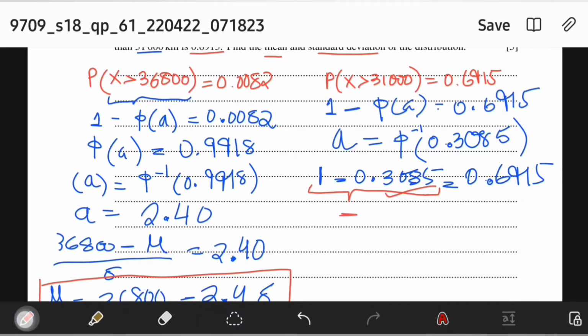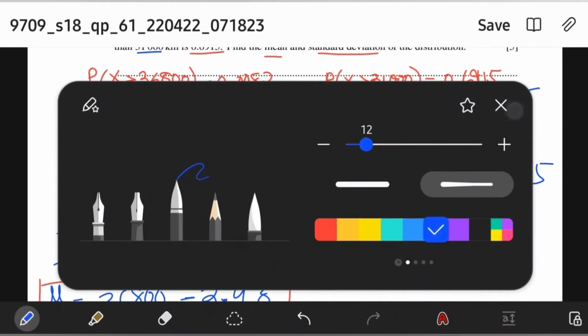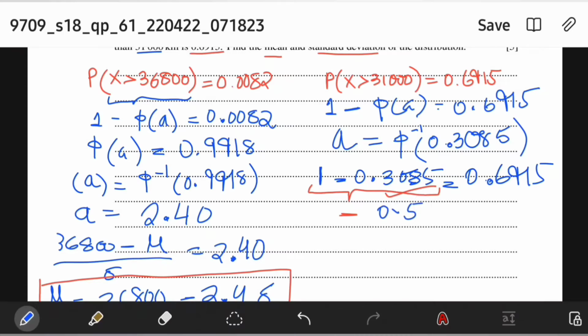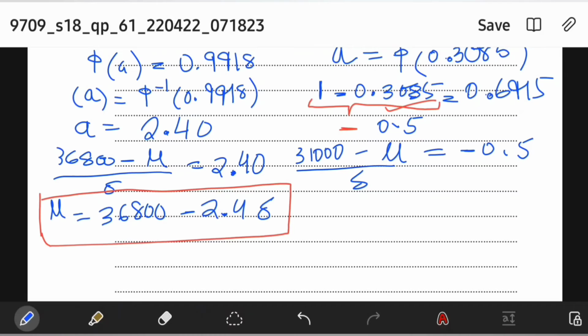So negative 0.5, and equating now, 31,000 minus mean over standard deviation is equals to minus 0.5, and then making mean the subject again to make it easier for us to solve the equation later on. Mean equals 31,000 plus 0.5 standard deviation. We have got our second equation.